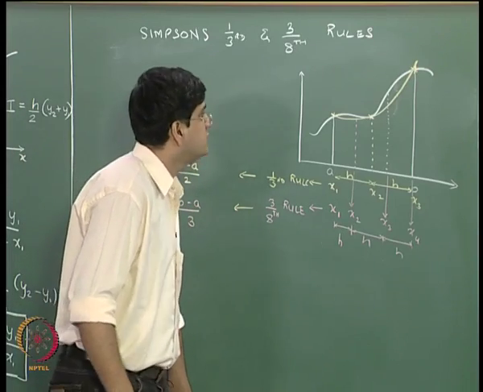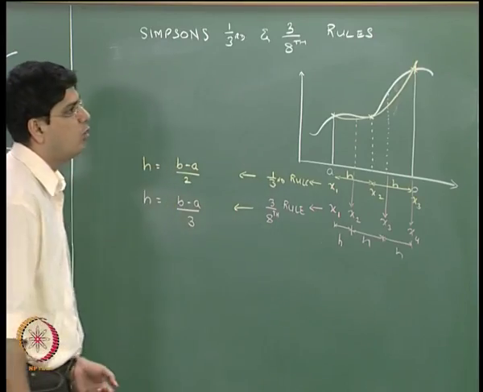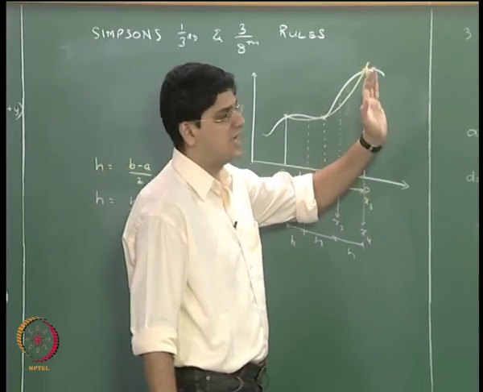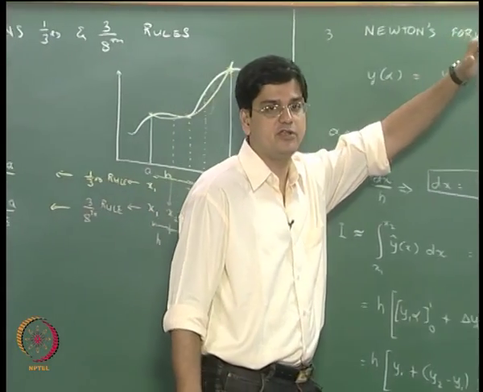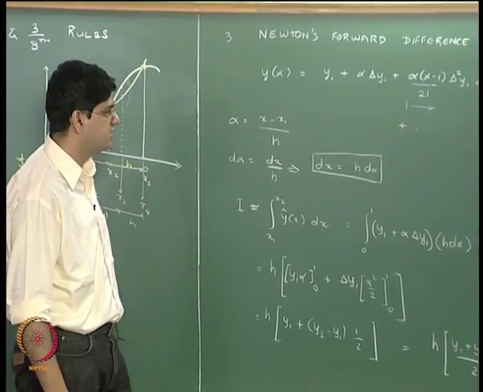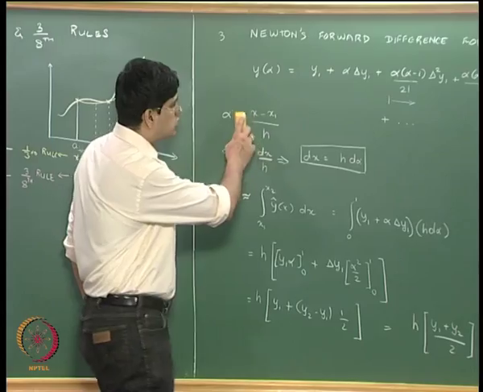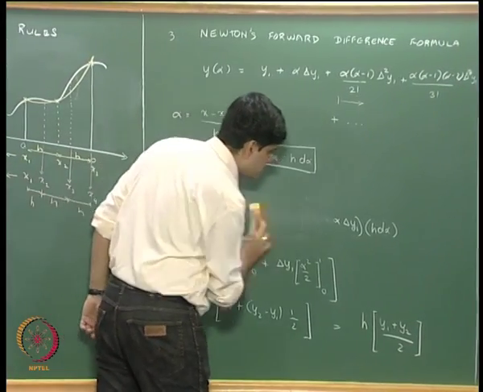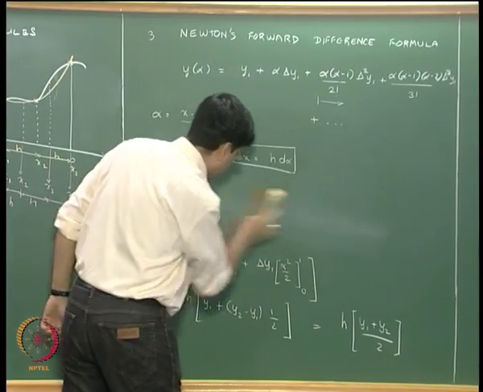So that is what we have so far. Now we will use Newton's forward difference formula as we did before and derive the 1/3 rule, and then again derive the 3/8 rule. Most of it remains the same until this point. The change happens from this point onwards only.